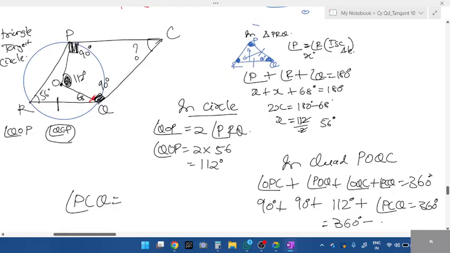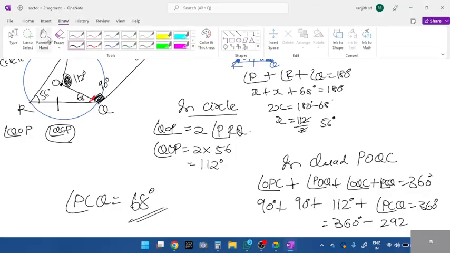Is it 360 minus 298? 292, right? 68 degrees, students. Angle QCP, PCQ or QCP, both are same.